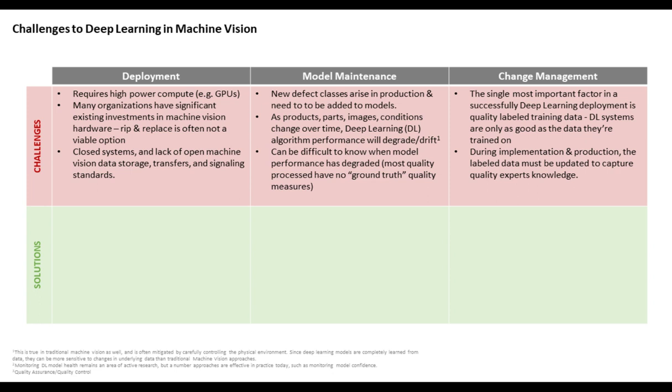And that can be difficult based on bullet point 3 there, which is that a lot of these systems today are kind of closed, right? There aren't as many open standards around vision as we wish there were. There's things like GigE, but there's not much of a protocol out there for image storing, image transfer. I think PLCs in general have done a better job at interoperability than vision systems. So those are some of the challenges we see in deployment.